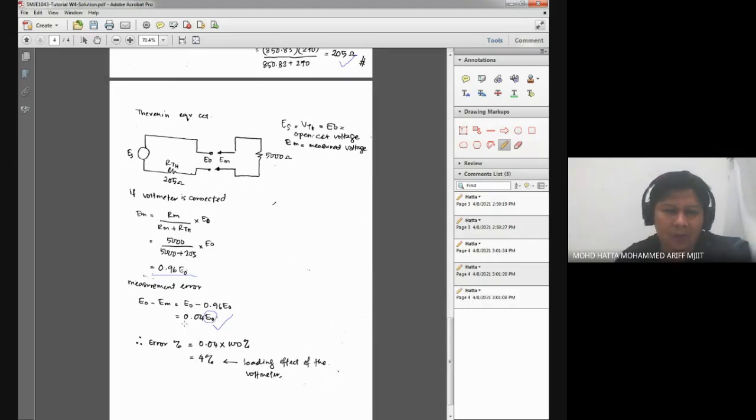And for the measurement error percentage or the loading effect, basically loading effect is given by a percentage value. So loading effect is just multiply your measurement error with 100%, or the one that Izzati showed in her solution.